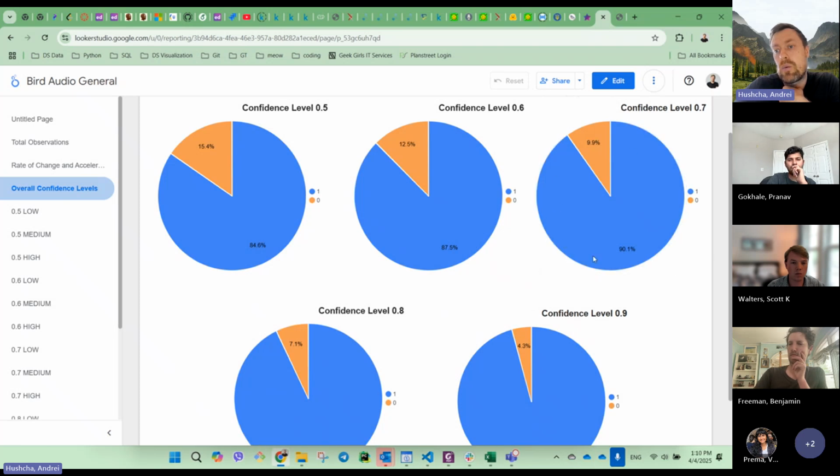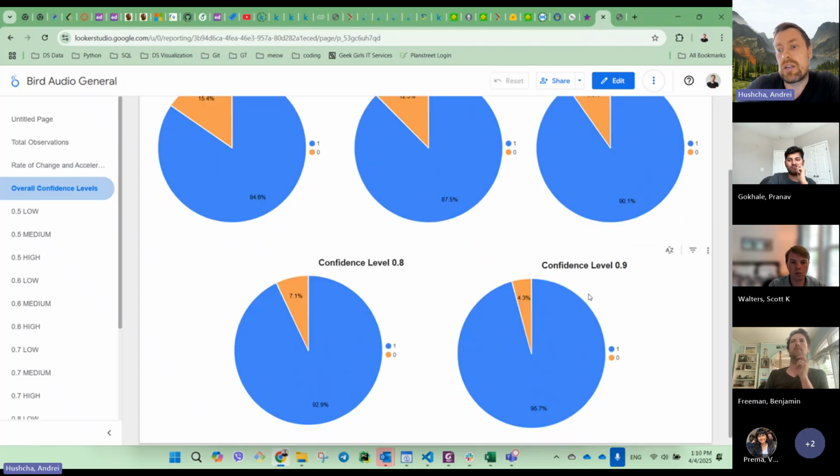By habitants, we understand all the species that are in the specific area, and non-habitants, at different confidence levels. And we see that at confidence level 0.9, the model is predicting better because we only have 4.3% of non-habitants. But at the same time, the total number of observations is also down.